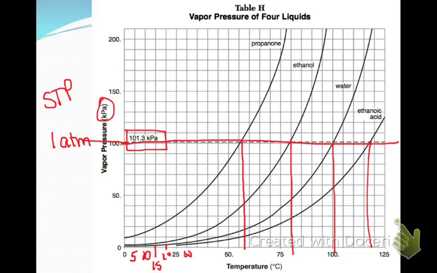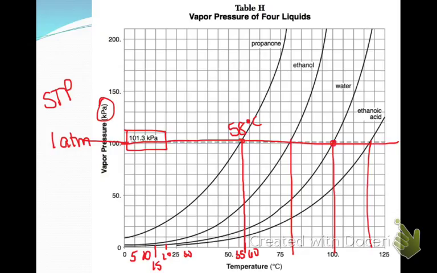So here at normal or standard conditions, the temperature at which propanone would boil would be about, so that's 55 and that's 60, so about maybe 58 degrees Celsius. So propanone would boil at normal or standard conditions at 58 degrees Celsius.